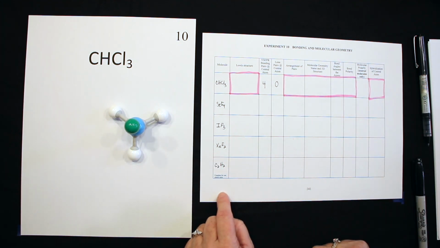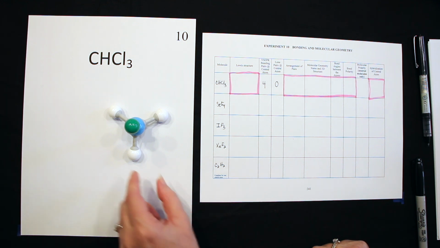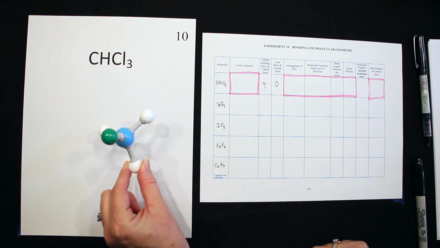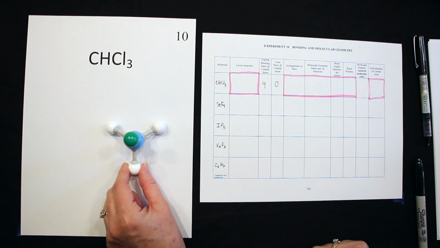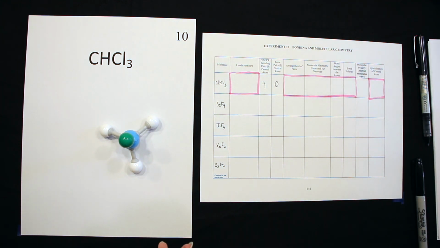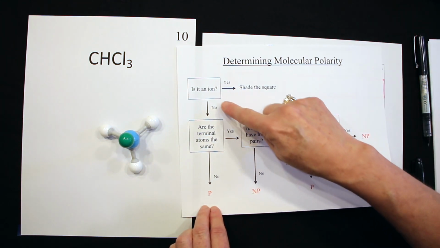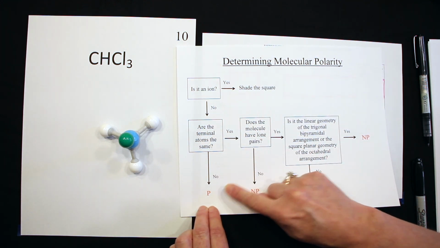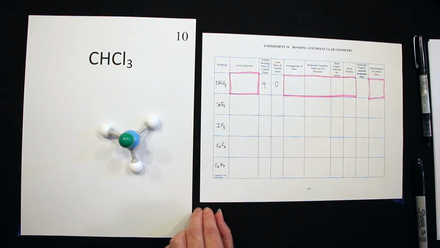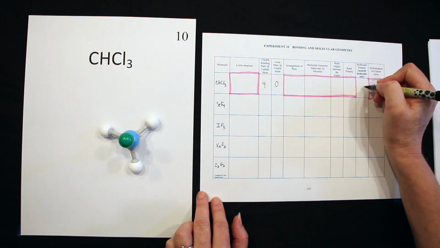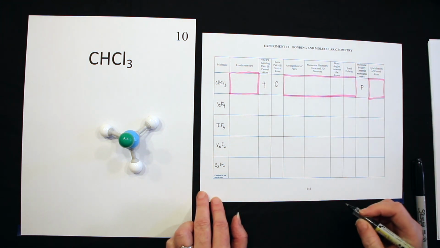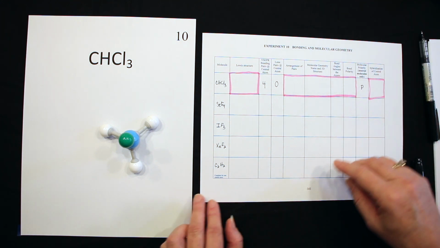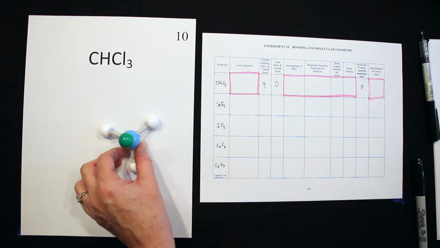I'll let you fill the rest in, but let's look at the molecular polarity here. This is a fairly easy one. Are the terminal atoms the same? No. This is a polar molecule. Okay, let's move on to the next one.